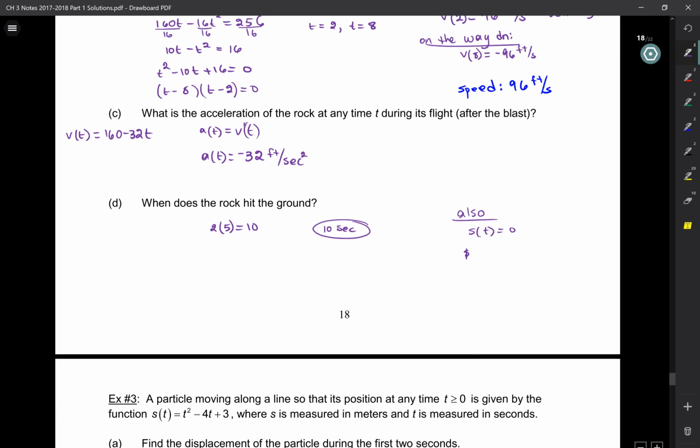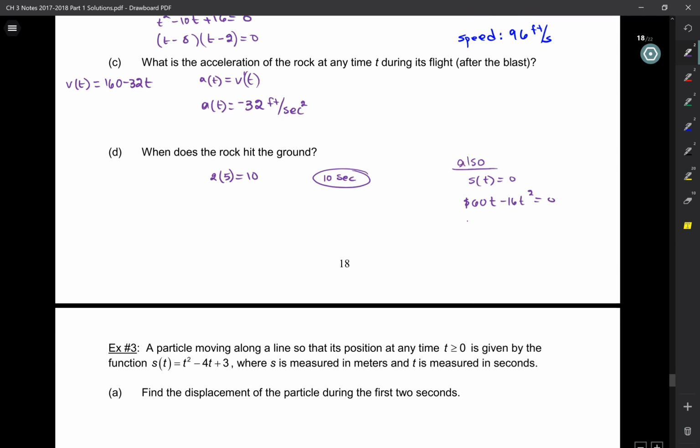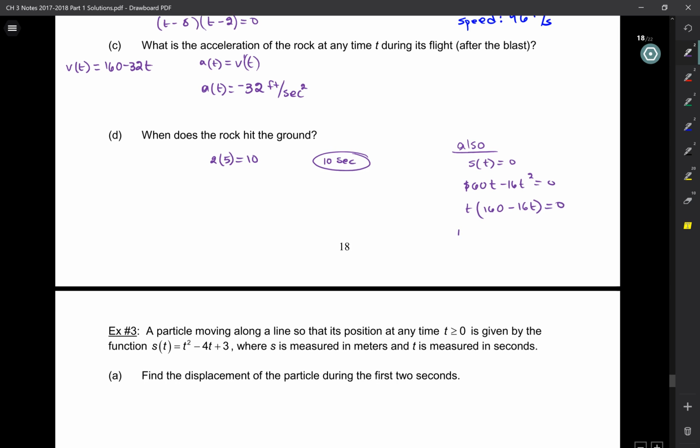So what is that? 160t minus 16t squared is equal to 0. Let's factor out a t. 16t. This is so cool. So t is equal to 0, and here t is equal to 10.